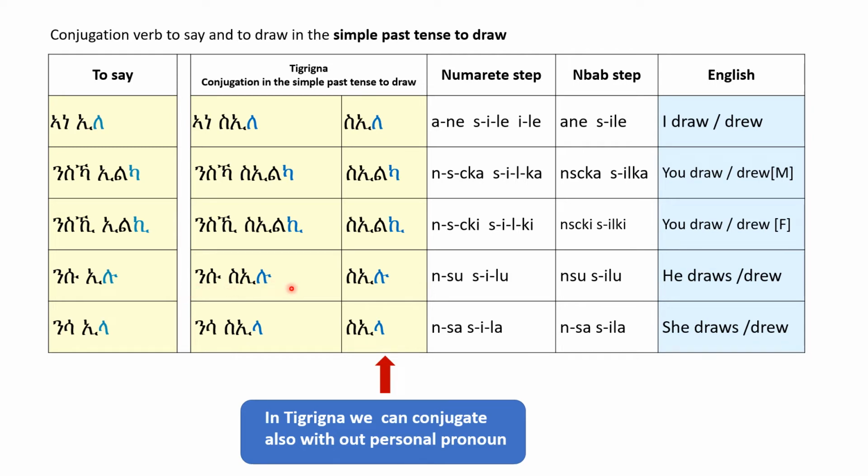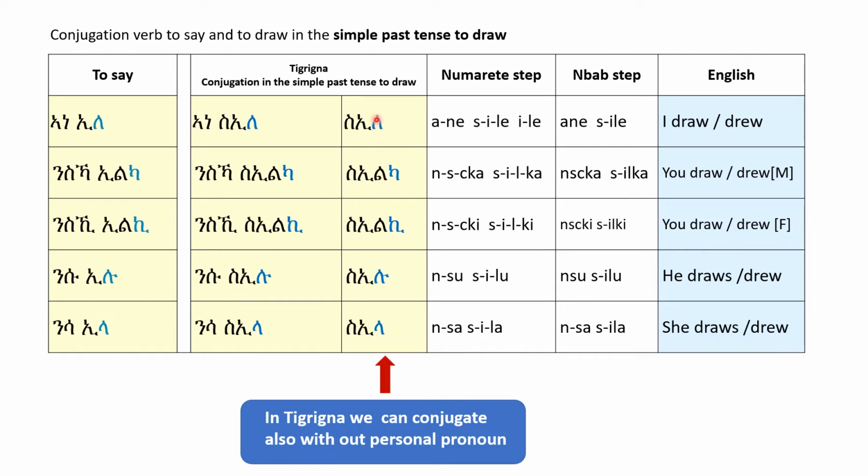Nisu, si ilu. Nisa, si ila. In Tigrinya, we can conjugate also without personal pronouns. Si ile, si ilka, si ilki, si ilu, si ila.